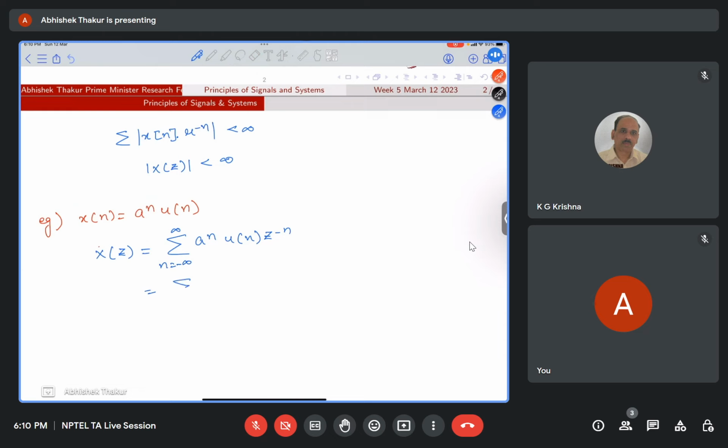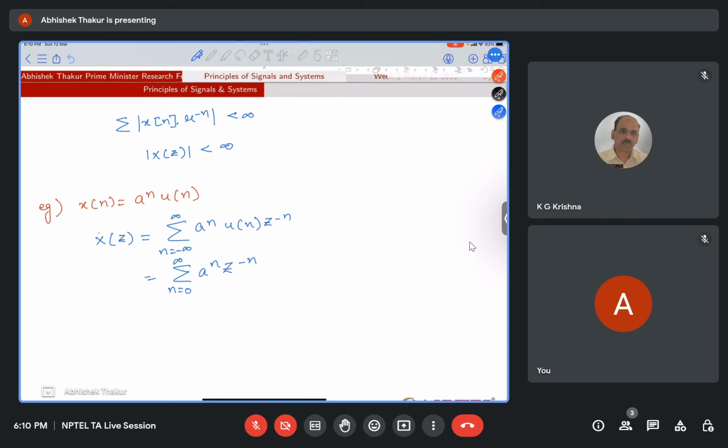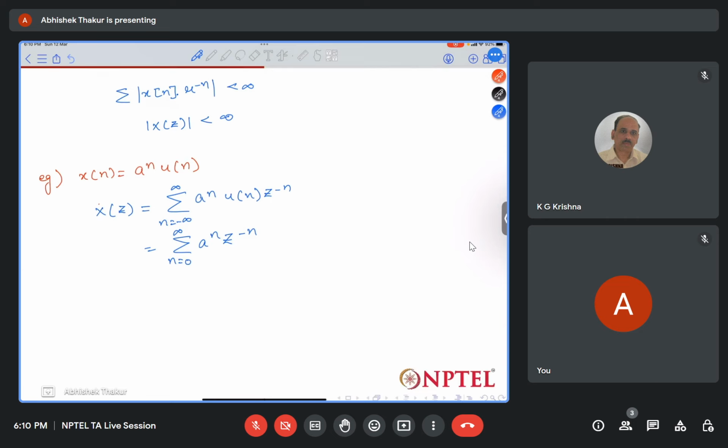So this summation will trim to run from 0 to infinity only. So we can write this as the summation of (a z inverse) to the power n.